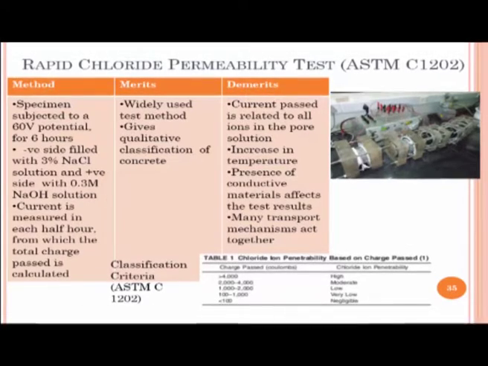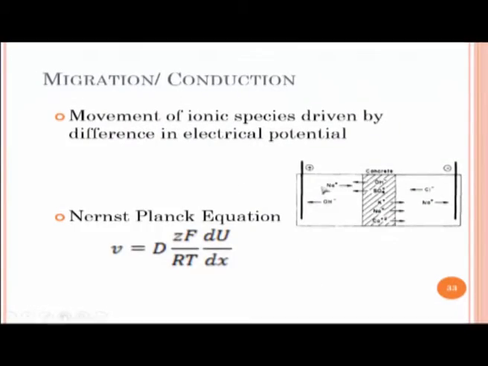Now here you have a 100 millimeter diameter specimen with 50 millimeters thickness which is placed between the 2 cells. So what you do, you fill up the negative side of the cell with 3% sodium chloride solution and the positive side, that is the anodic side, with 0.3 molar sodium hydroxide solution.